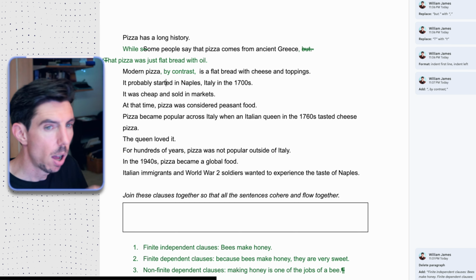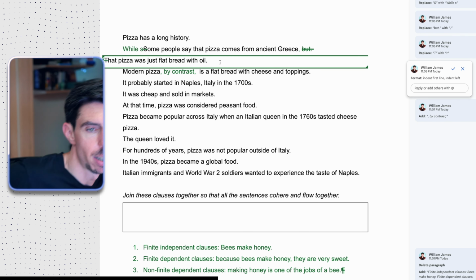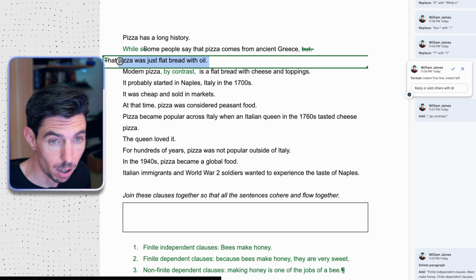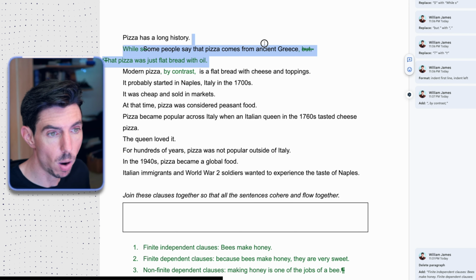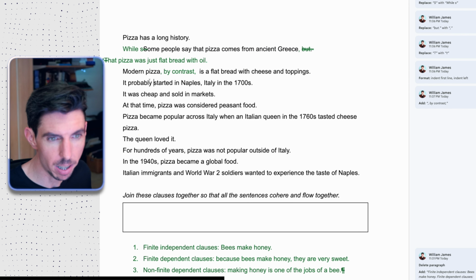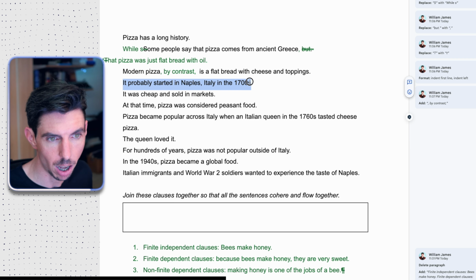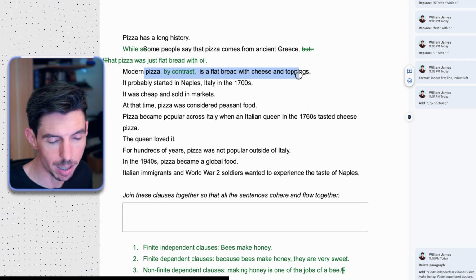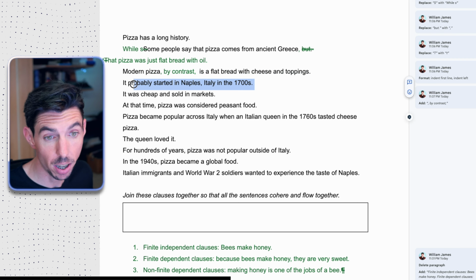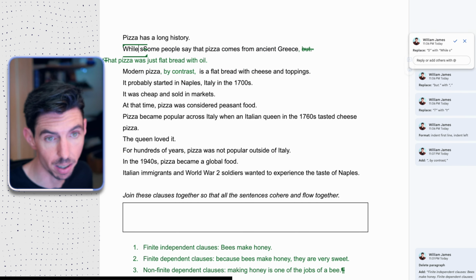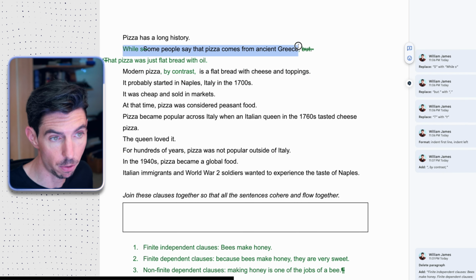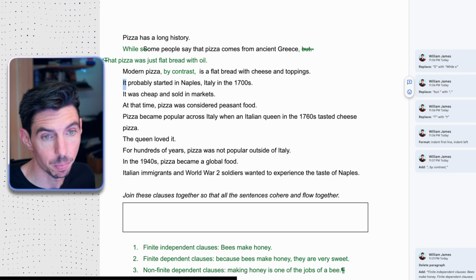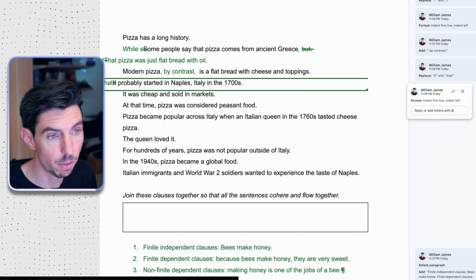Now, let's look at this previous sentence. This complex sentence has information about the recipe for pizza, and it tells us where it comes from. So wouldn't it be nice if that information about where the pizza comes from was in this sentence? And just like this first sentence, let's put that "comes from" information in a dependent clause. The way that we can do that is by making a relative clause.